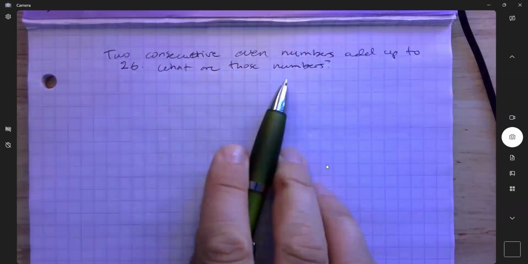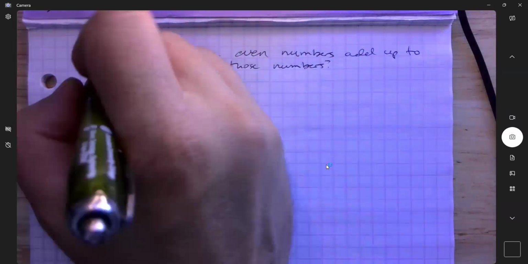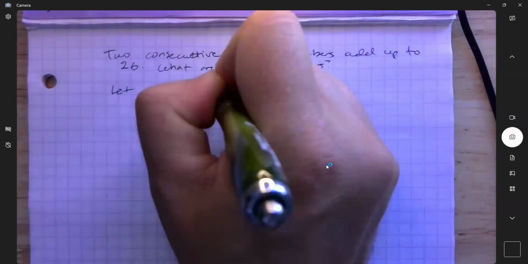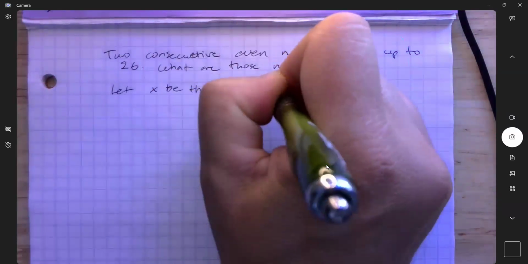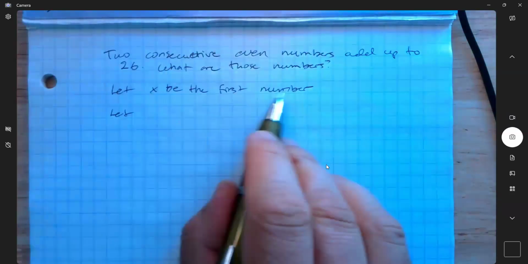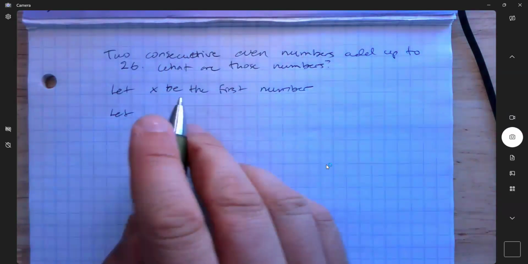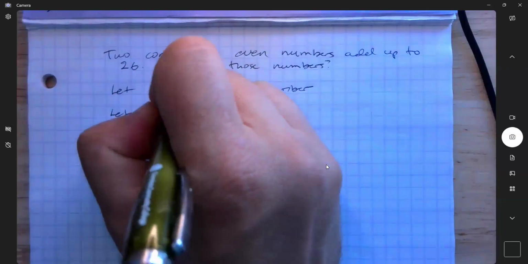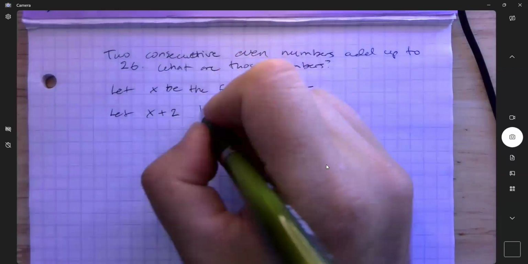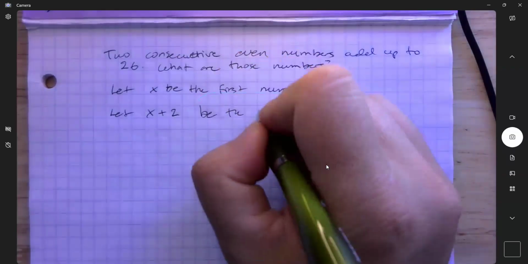So to turn this word question into symbols, let's let x be the first number. And if we're talking about even numbers, then whatever x is, the next even number after it has to be 2 bigger. So the second even number should be x plus 2.